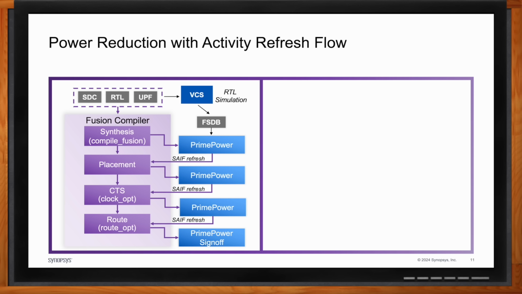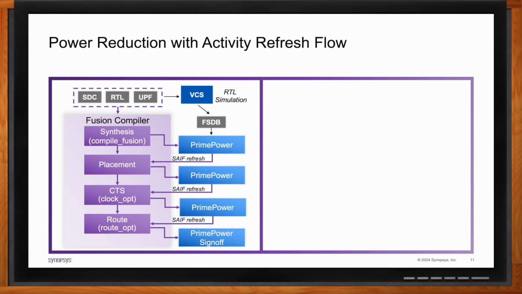You have the initial synthesis as part of the implementation, then you have placement and placement-based optimizations. You have clock tree synthesis, and you do the final detailed route and even post-route optimization.